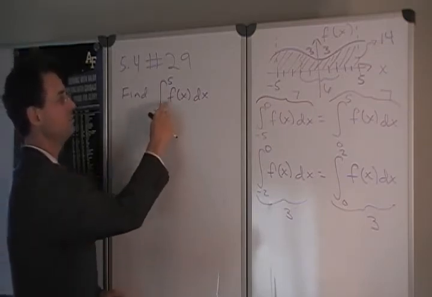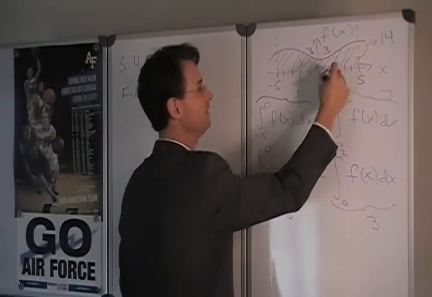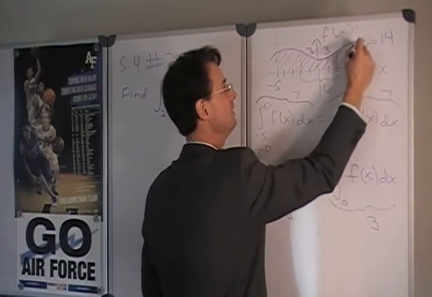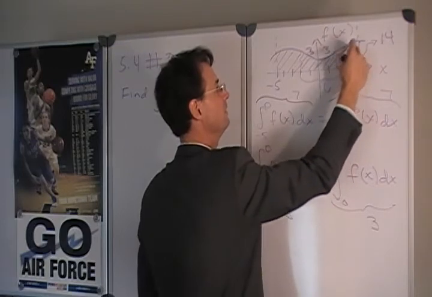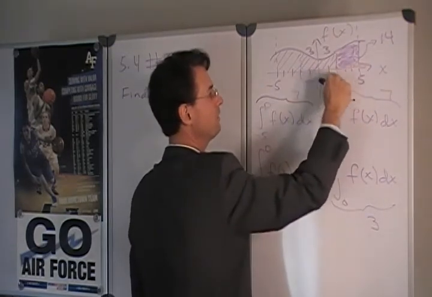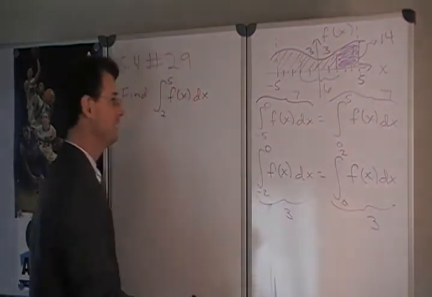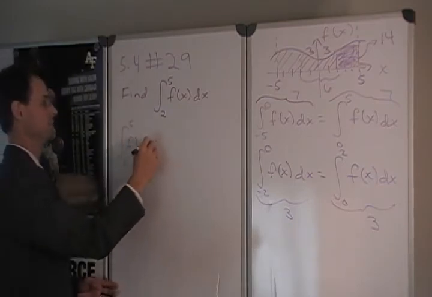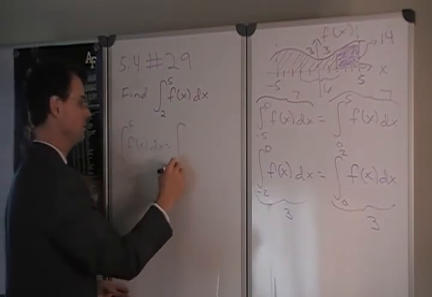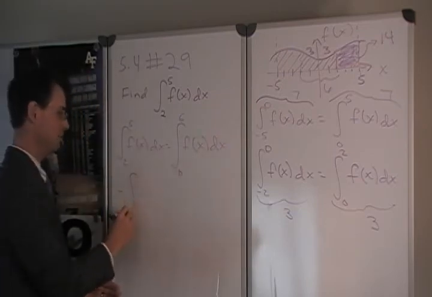Well, this is the integral from 2 to 5 of the function. So what region are we really interested in here? Well, that's this region here that we really want to know. So we can darken it in pretty good. If the whole area to the right-hand side of the y-axis is 7, and that one is equal to 3, then we know that the integral from 2 to 5 is going to be the integral from 0 to 5 minus the integral from 0 to 2.